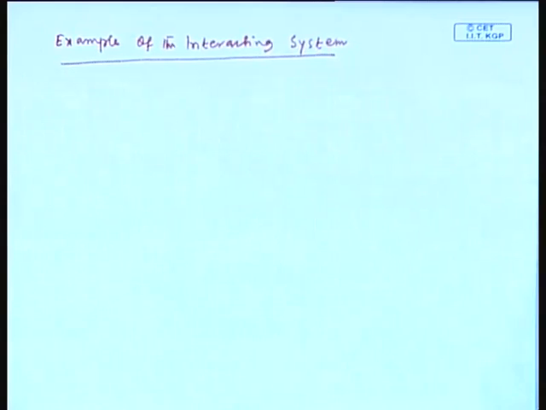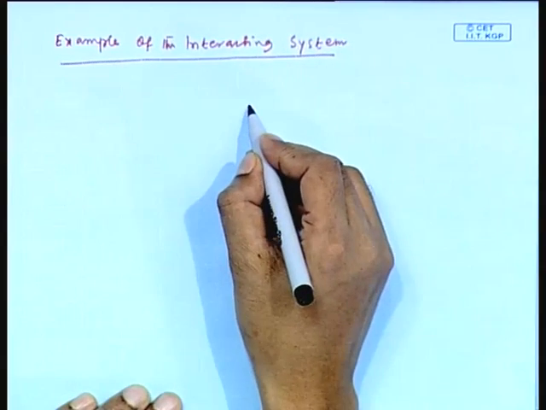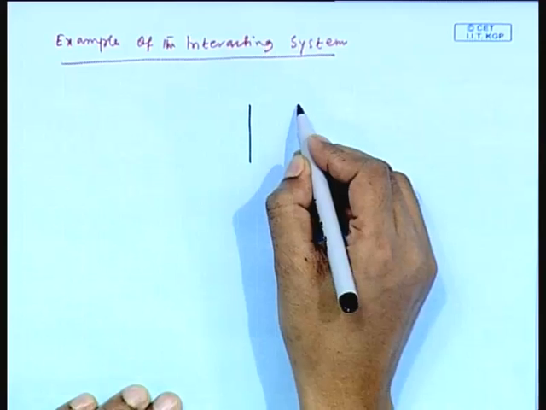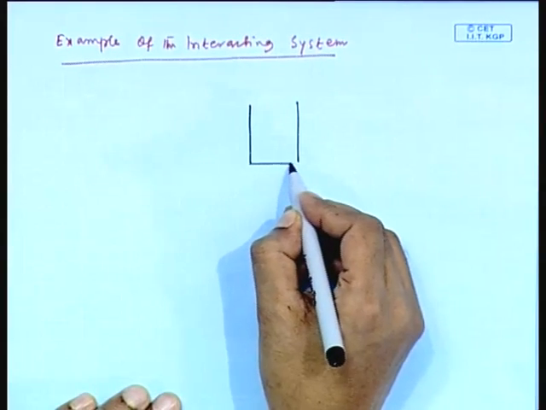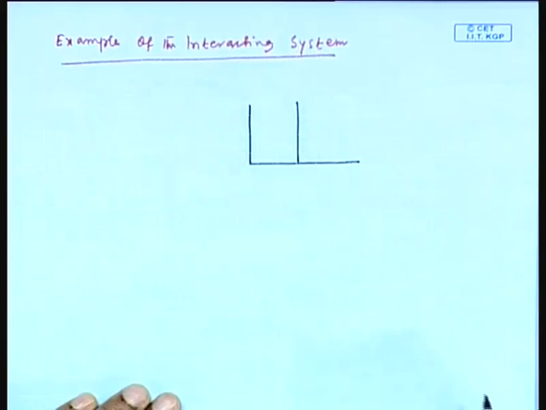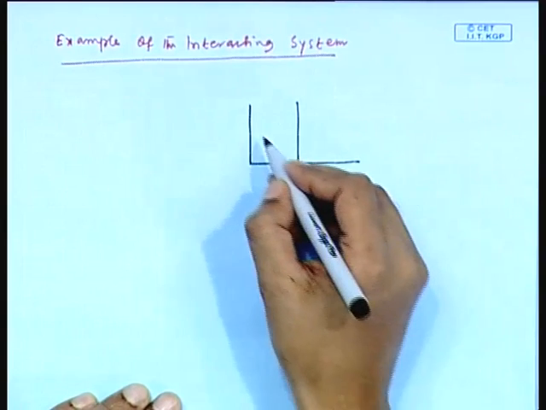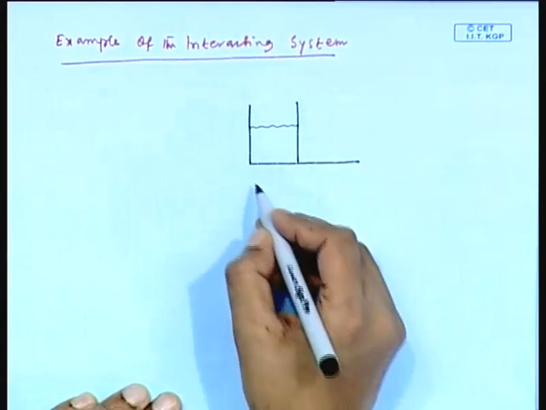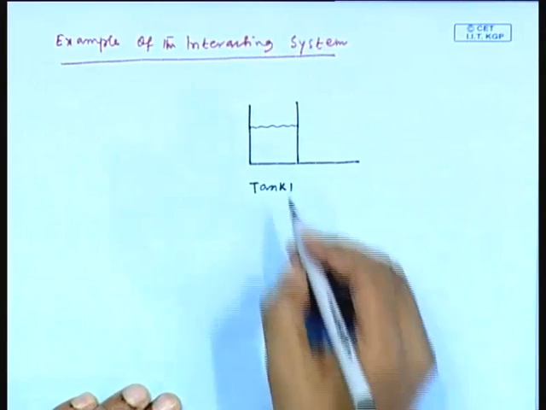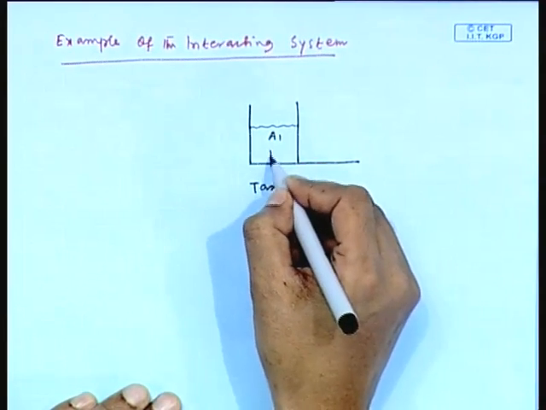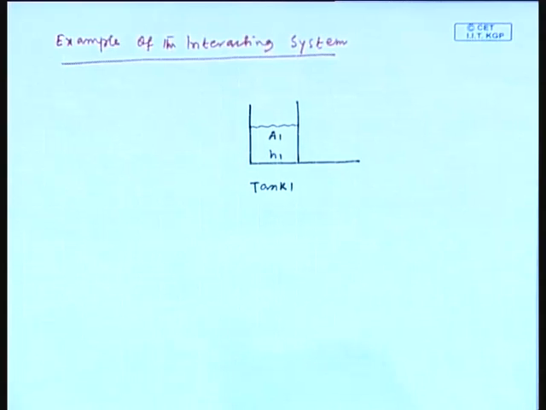Fine. For the case of interacting system, similarly we will consider two tanks which are connected in series. This is tank 1, cross sectional area of A1 and H1.